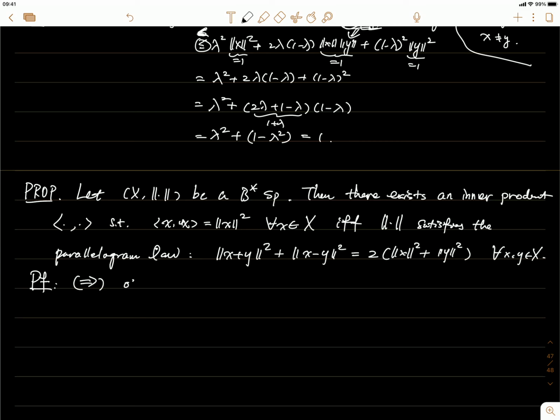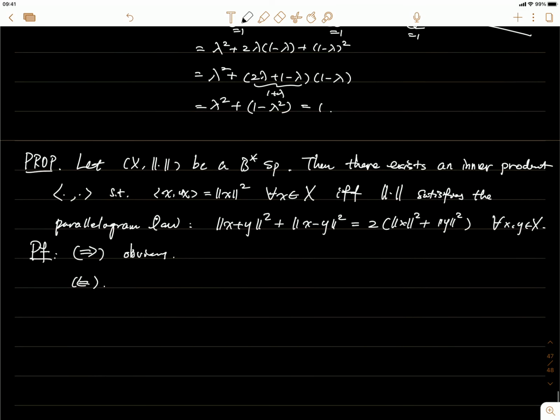So that's obvious. The other direction is quite tricky. What we know is that it satisfies this one, but how do we get this inner product?